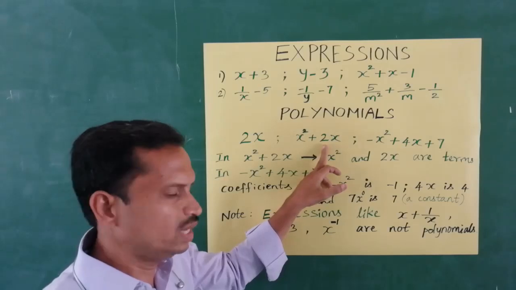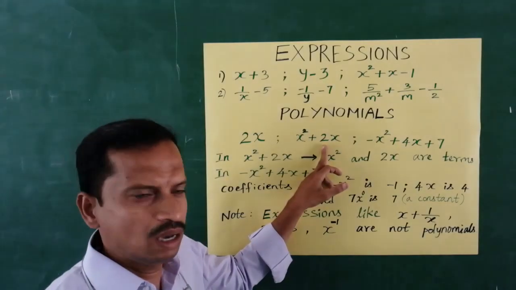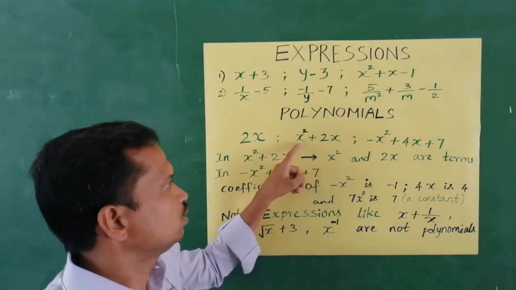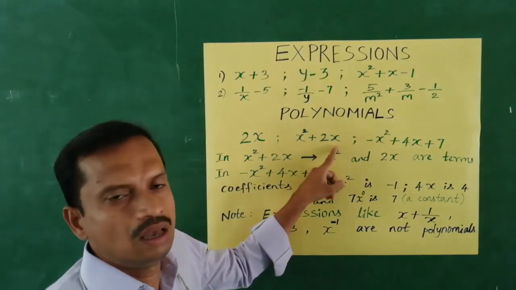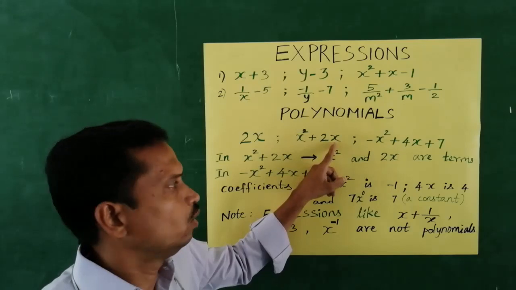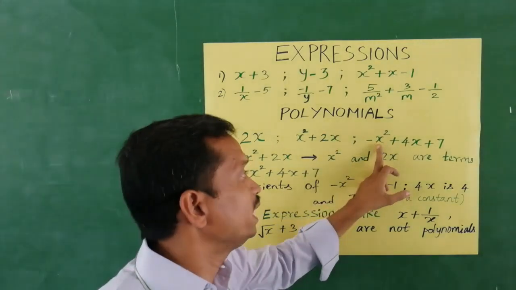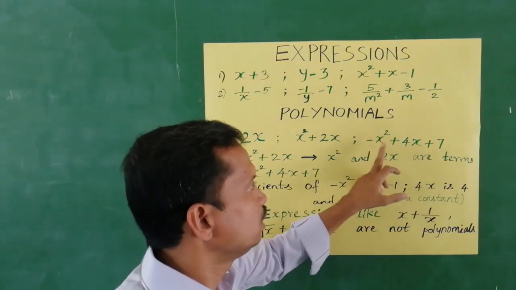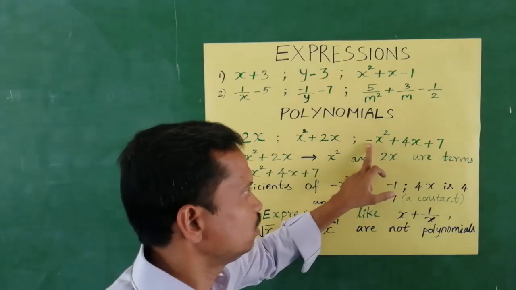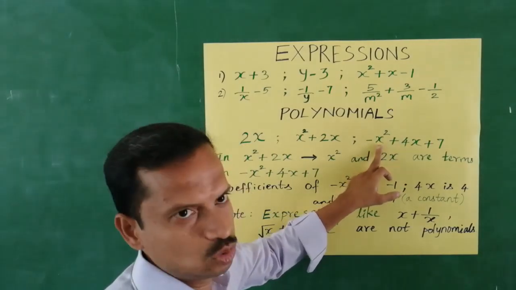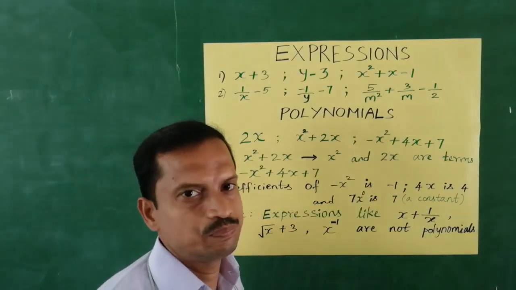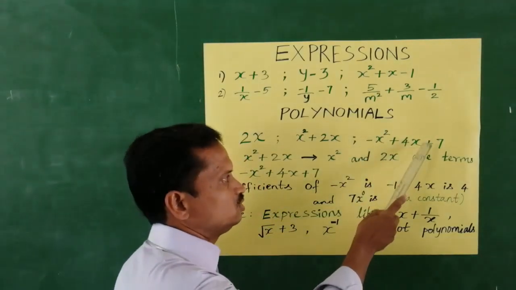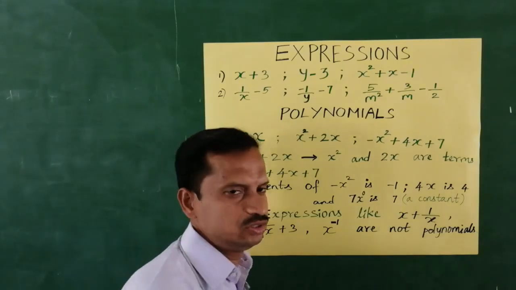And x square plus 2x is also a polynomial because the exponent of x is 2, and in 2x the exponent is 1. In minus x square plus 4x plus 7, minus is the sign of x square, but the exponent of x is 2 only, and here the exponent of x is 1 and 7 is the constant.